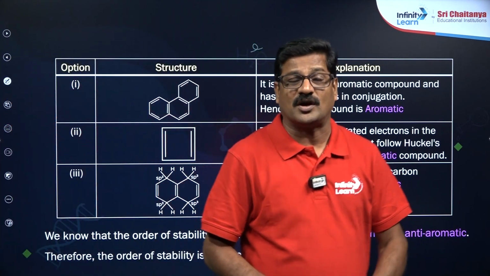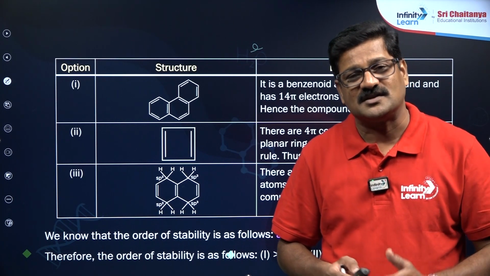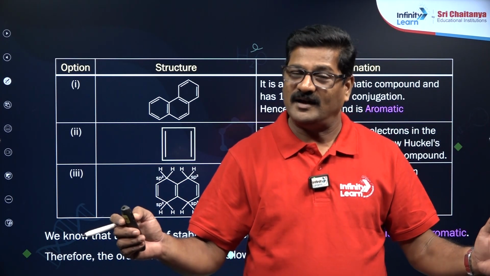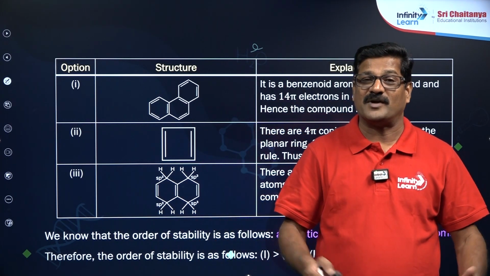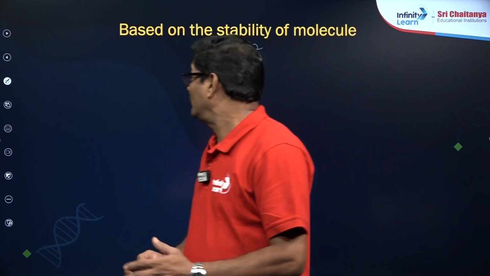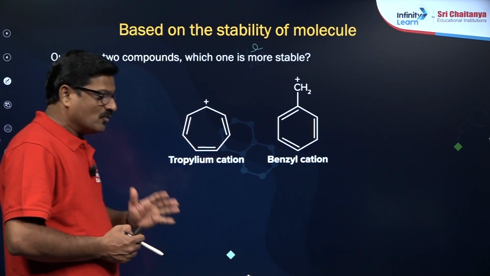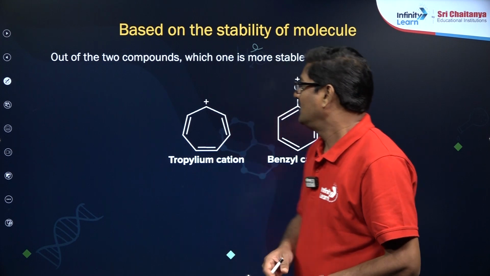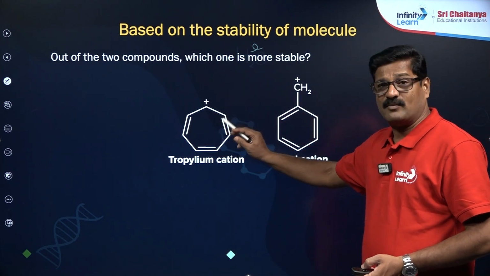So in this session you came to know what is aromatic, what is non-aromatic, how to identify anti-aromatic, and the order of stability of aromatic, non-aromatic and anti-aromatic compounds. And out of these two compounds, let us say which is more stable. The tropylium carbocation is aromatic.